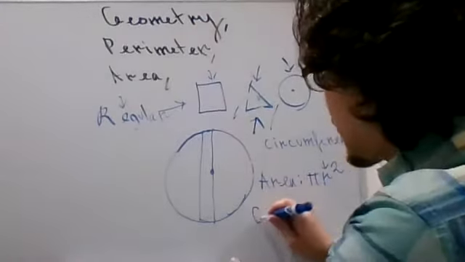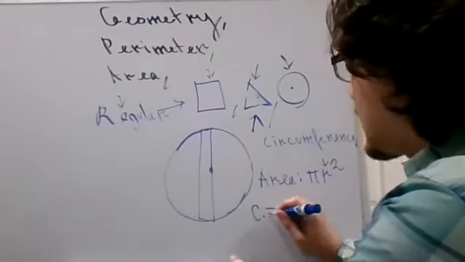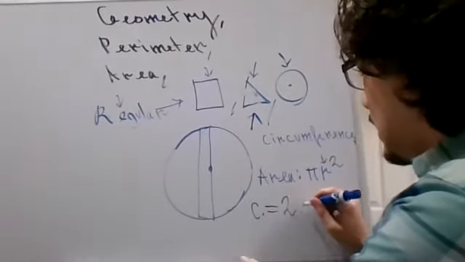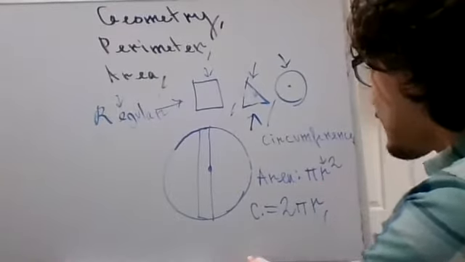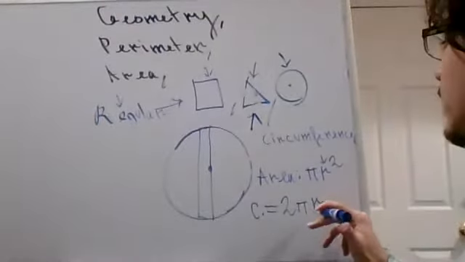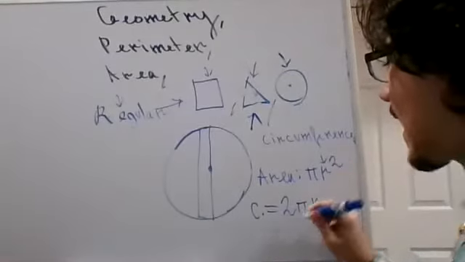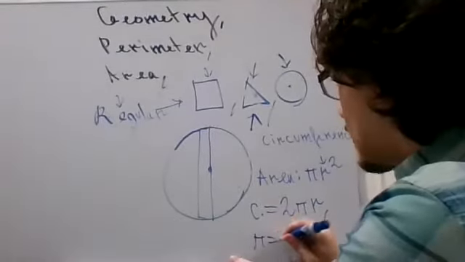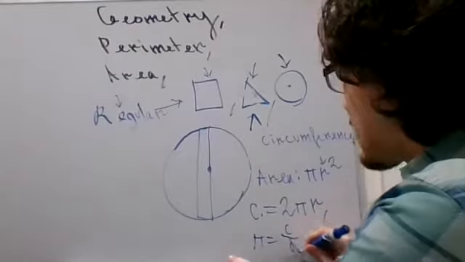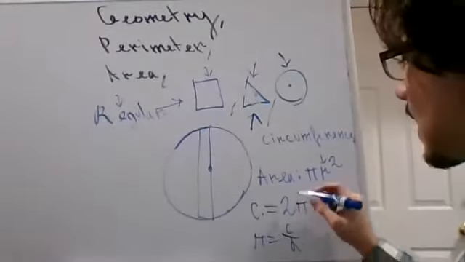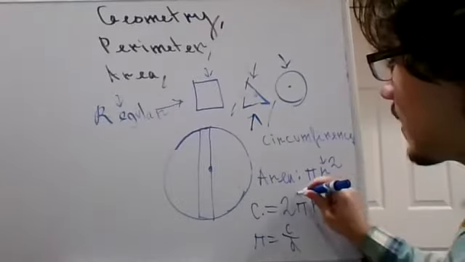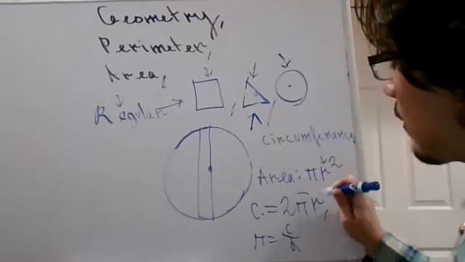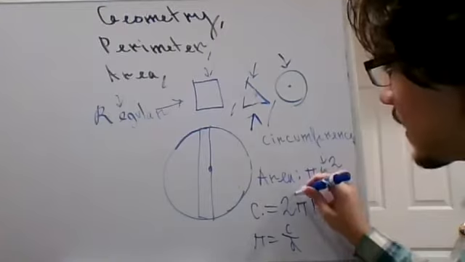The circumference, we'll write it as C, is equal to 2 pi r. Now we just said that r describes the radius and pi is the circumference over the diameter. Now, if you'll see, the circumference is 2 pi r. It is 2 multiplied by r multiplied by pi.